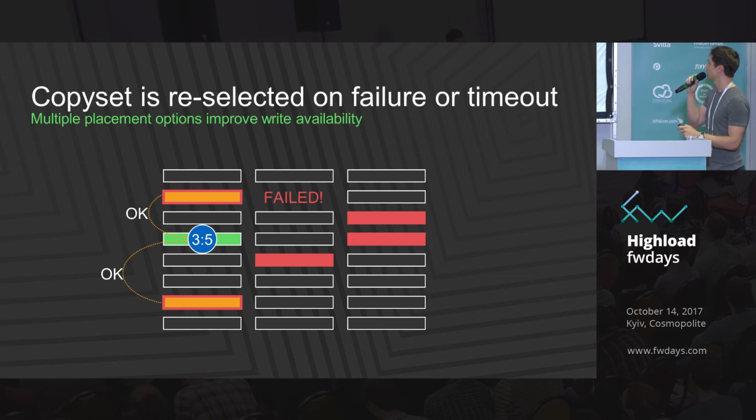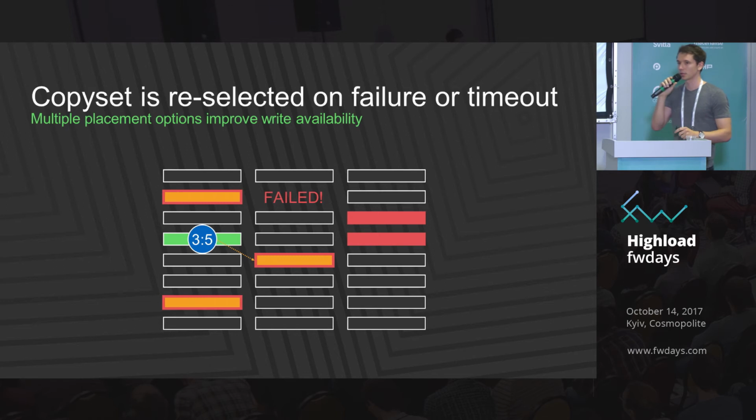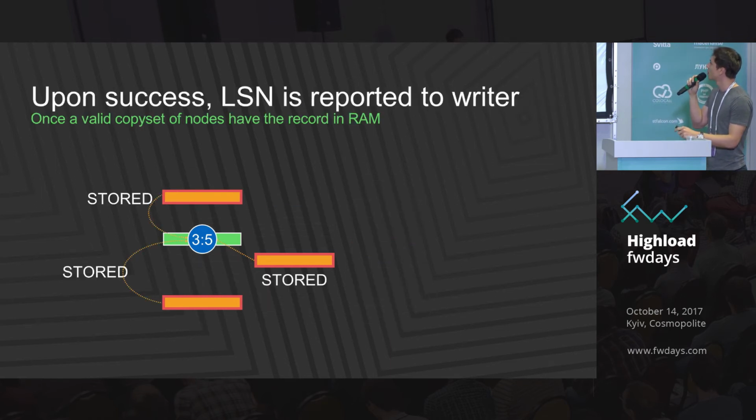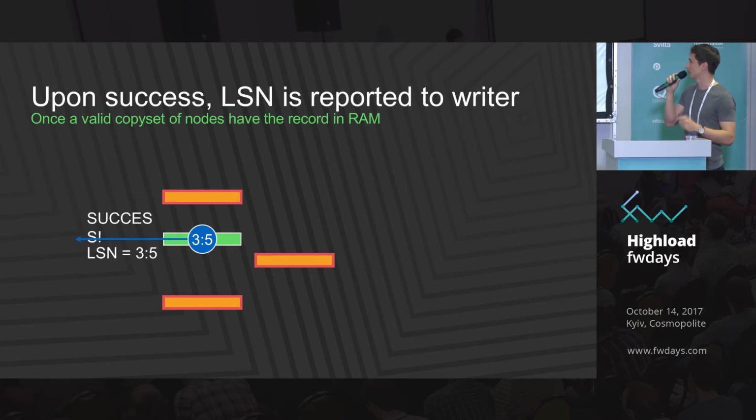We can always select a different machine and repeat our operation, and our appender is going to try to store it until it has succeeded. Once it's stored everything, we can send a message to our client saying, okay, we saved it. Here's your sequence number, and the data is stored.